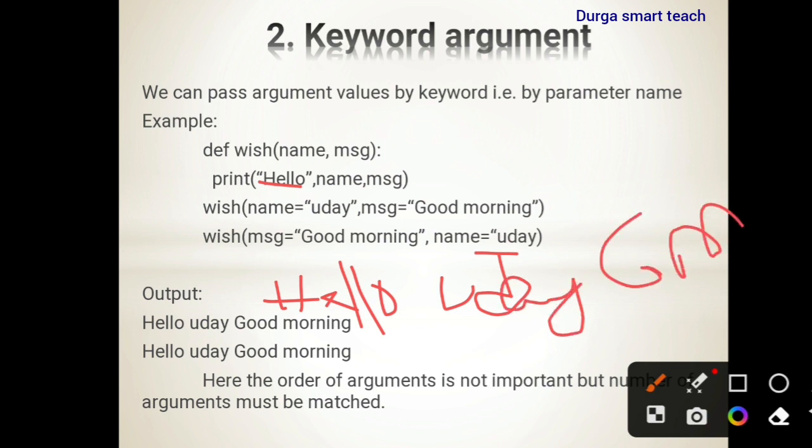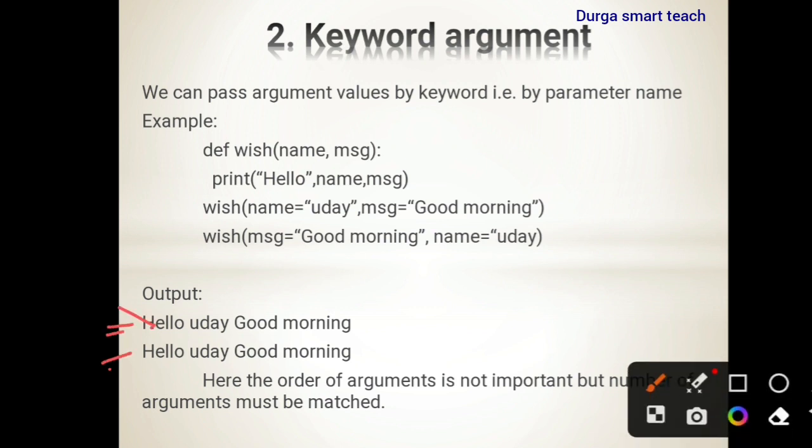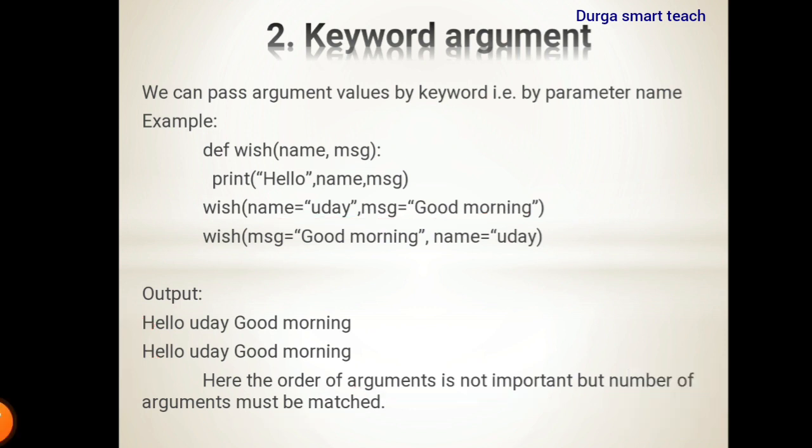So it will print the same output because we are giving the values by using keyword. So the order of arguments is not important, the position is not important, but the number of arguments must be matched. Here it contains 2 arguments and here also it contains 2 arguments. Okay, this is keyword argument.